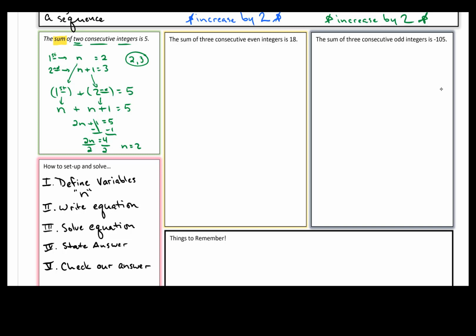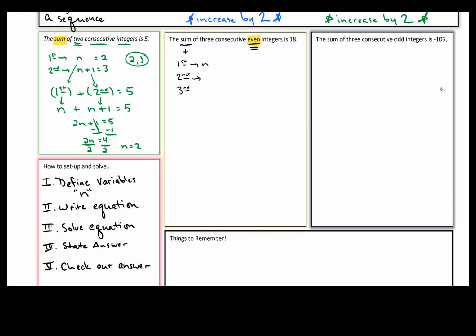All right, for the next one here, find the sum again. So we're adding 3 consecutive even integers. This is really important here, that we are now doing 3 consecutive even integers. So we have the first term, second term, and third. I'm going to call the first one n.